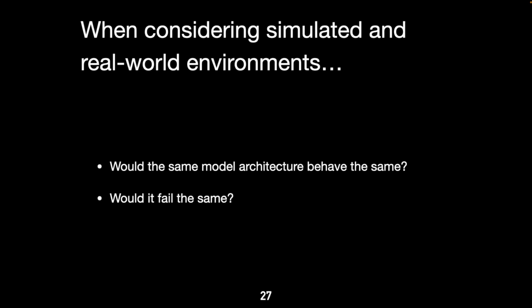Would the two agents drive the same? Or suppose that I expose them to the same unseen conditions or hazards, would they fail the same? So if the answer is negative, there is probably this gap, but more likely we are also able to give it a quantification.